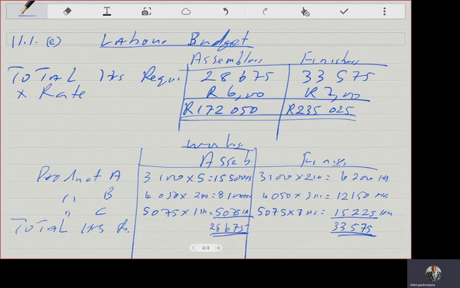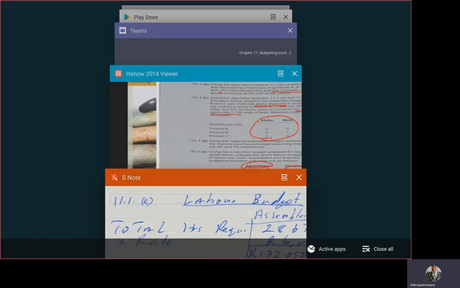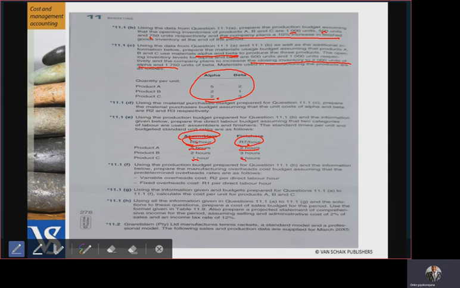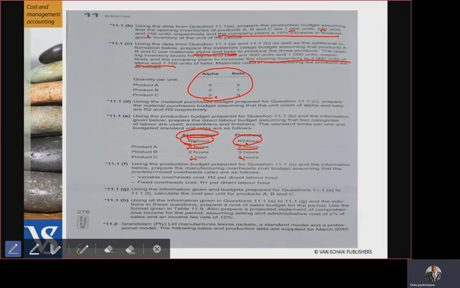Right, the last one that we will look at is 11.1F. Using the production budget prepared for question 11.1B and the information below, prepare the manufacturing overheads cost budget, assuming that the predetermined overhead rates are as follows. For variable overheads cost is 2 rand per direct labor hour. For fixed overheads is 1 rand per direct labor hour. What does it ask us to do?